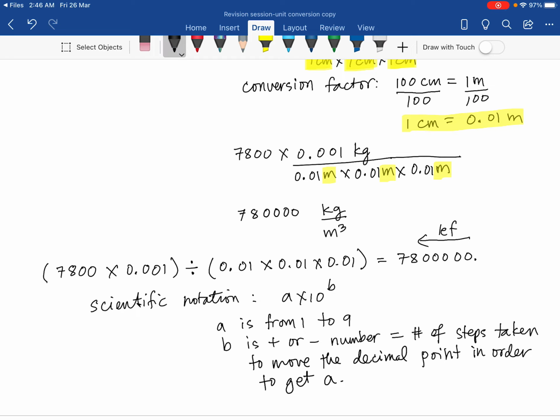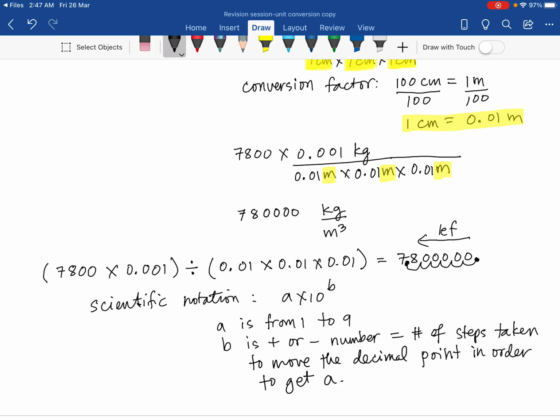So we do 1, 2, 3, 4, 5, 6. I just corrected myself there, because if you input this in the calculator, 7,800 times 0.001 divided by 0.01 times 0.01 times 0.01, it should actually be 7,800,000. So there should just be 5 zeros instead of 6.